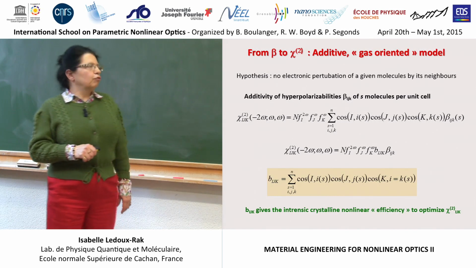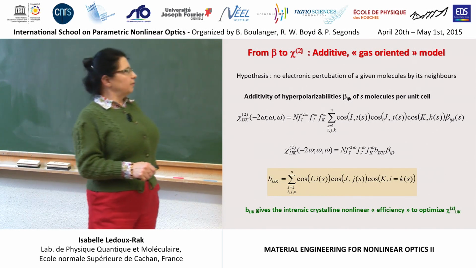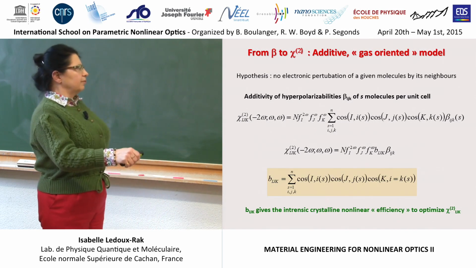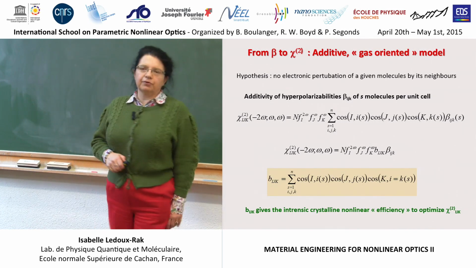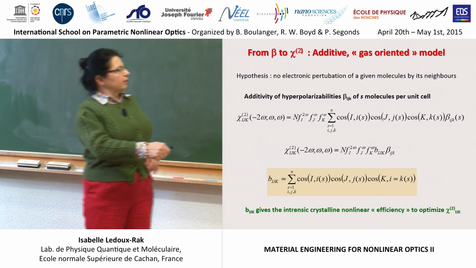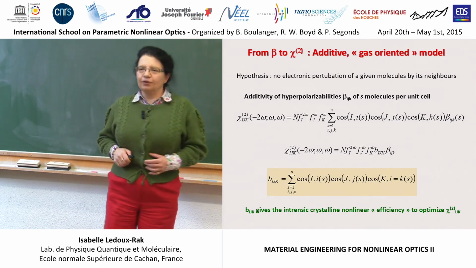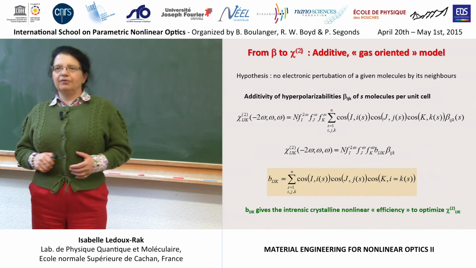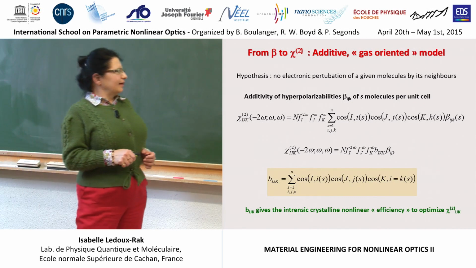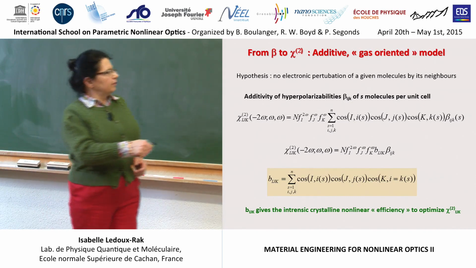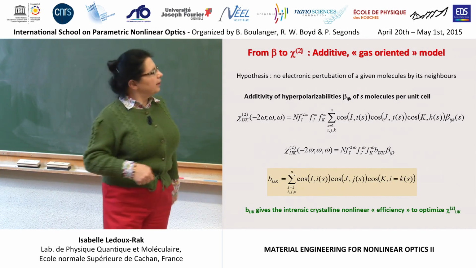This is a slightly different way to express it, but it's the same physics. Then, of course, you must take into account the so-called local field factors, which reflect the fact that, with respect to external optical fields, molecules inside the crystal do not see this external field exactly, because this field is screened by the material. So this is the origin of the local field factor here.